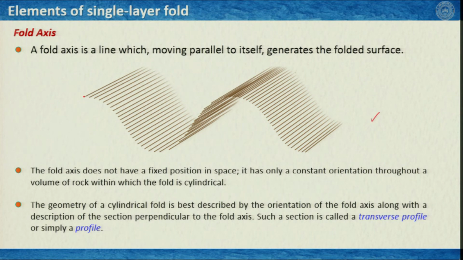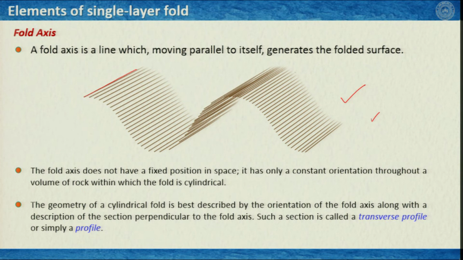A series of parallel lines that you can see here can move parallel to each other and define a fold. So, fold axis is defined in other ways. A fold axis is a line which, moving parallel to itself, generates the folded surface, as it has done here.